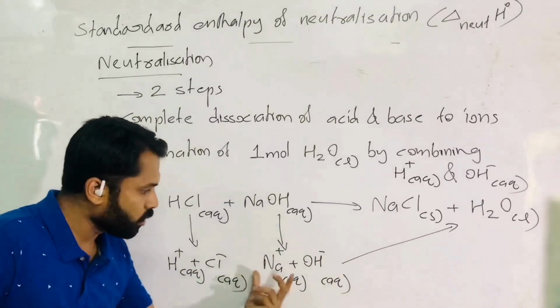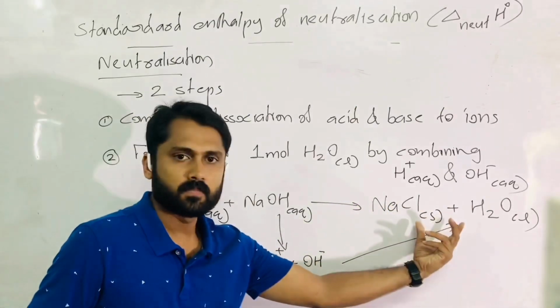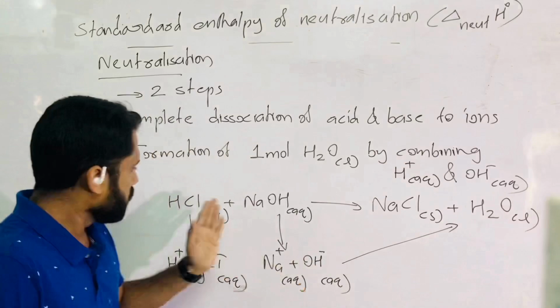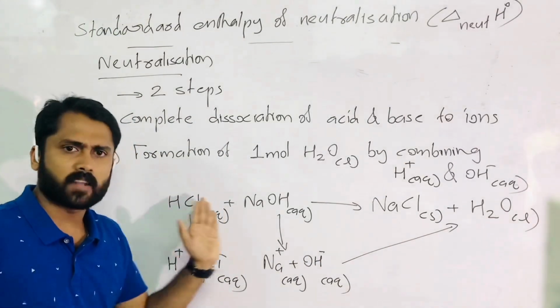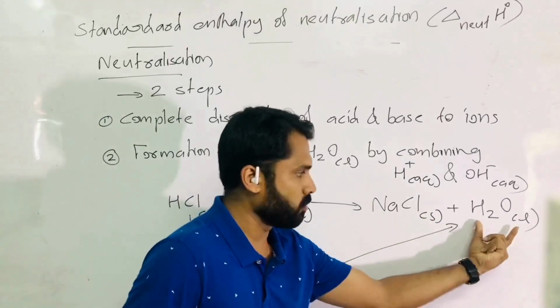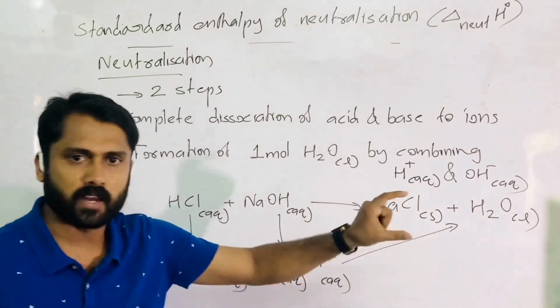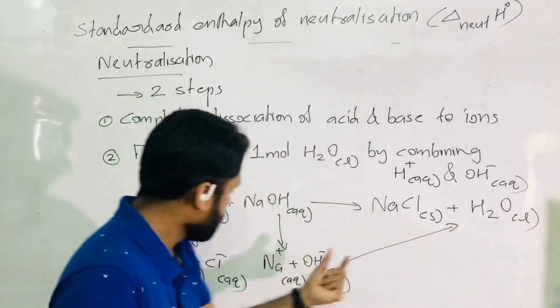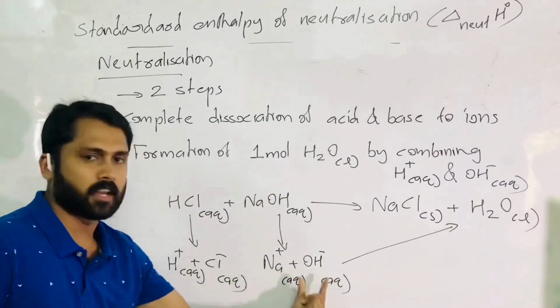Then these ions combine to form salt and water. Based on the acid and base, the salt changes, but water is common. So, I am focusing on that water. 1 mole H2O is formed by combining H plus and OH minus.